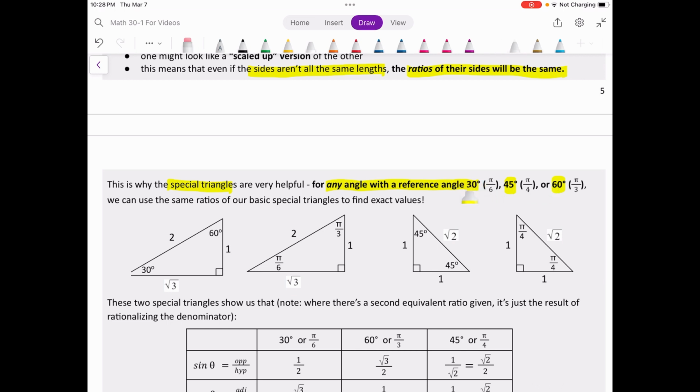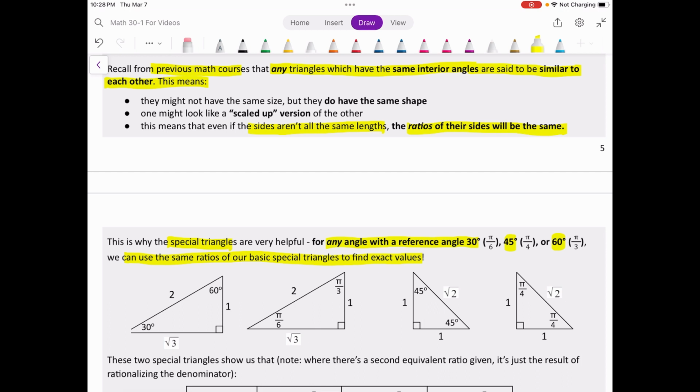So that's 4 angles with this as a reference angle, plus 4 with this one, plus another 4. That's 12 angles right off the bat, okay? We can use the same ratios of our basic special triangles to find exact values because of this fact here. The ratios are still the same.